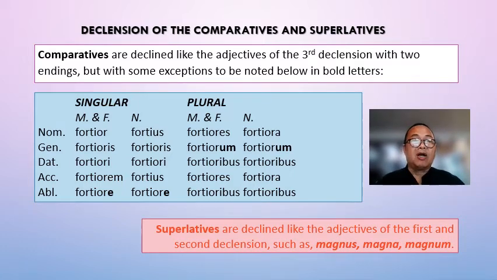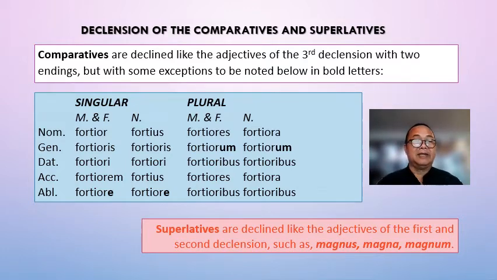When we talk about two endings, it means that for masculine and feminine, you have just one and the same ending, and the second ending is for the neuter. So masculine and feminine are counted only as one, and the neuter as the second one.